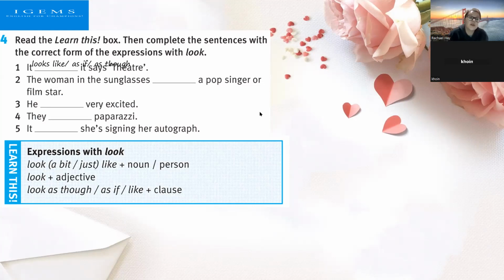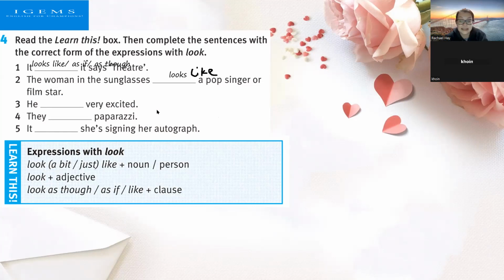Okay, number two, the woman in the sunglasses, something, a pop singer or a film star. Look like. Good. Or looks, yeah, we need the word like. They made a mistake here. So it looks like. Okay.